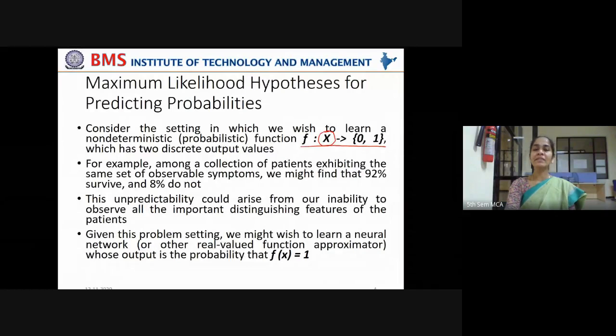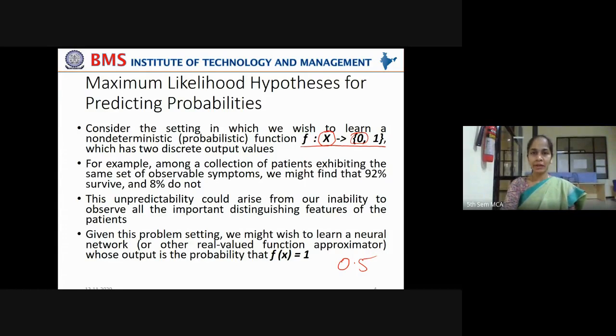In that case, if we take the probabilistic approach, then what we can do is, say, you decide a threshold of 0.5. Now all the training examples' predictions that fall below 0.5, you can assign to the negative class, that is 0.